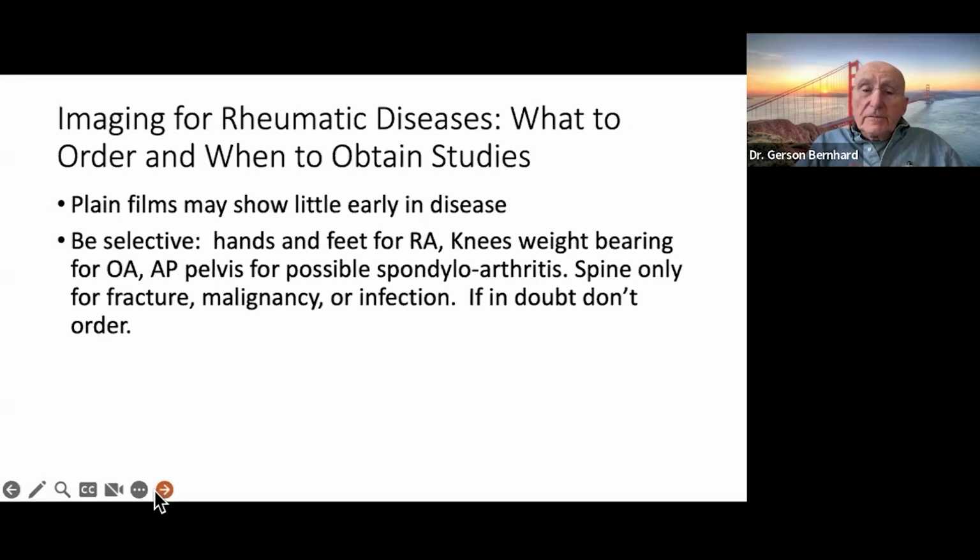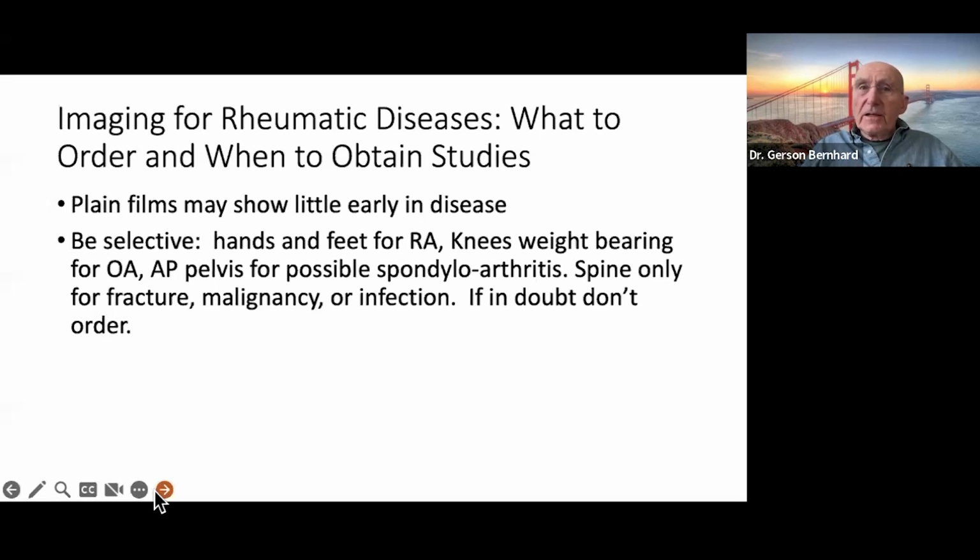You can be selective. If you already clinically identified that her hands and feet are sites of clinical inflammation, then films of hands and feet make some sense. If you're suspicious that this is osteoarthritis, like in knees, then get weight-bearing knee films and specifically ask for weight-bearing. That's not routine.